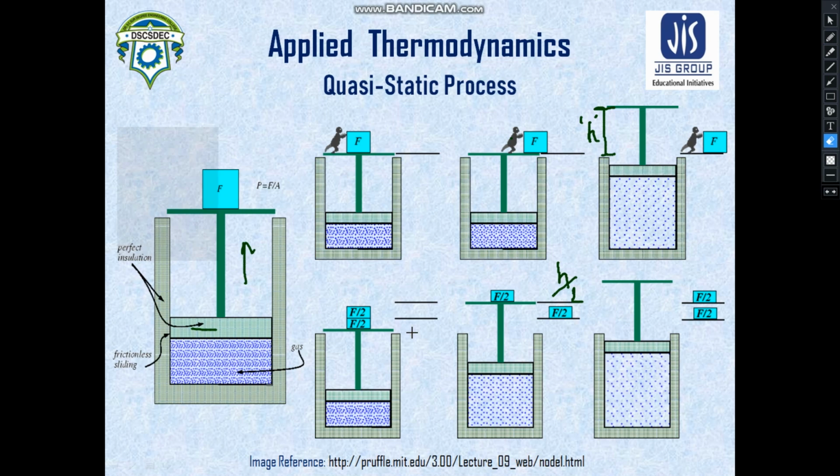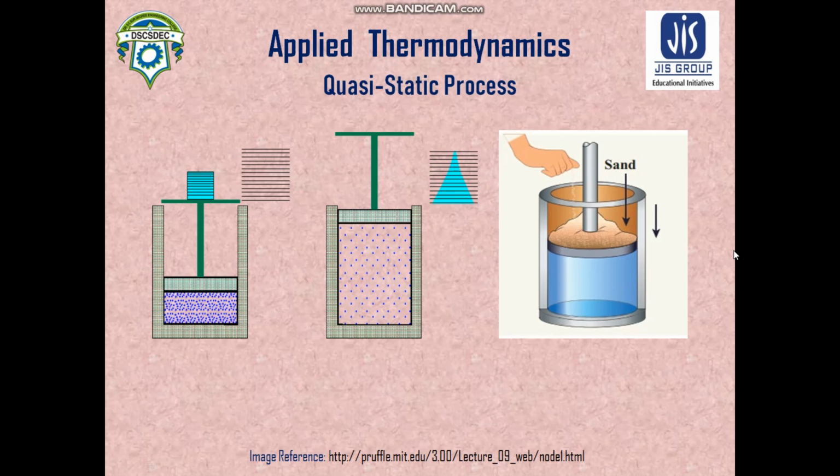Because there are two weights present, and let us see if there are many weights present here. In this diagram, you can see that this weight has been divided into, let us consider, say, 15 divisions.